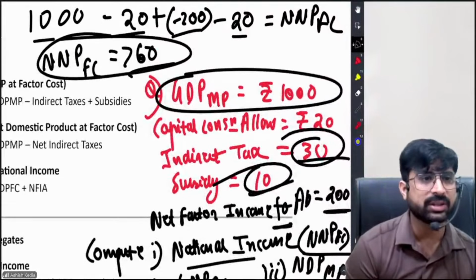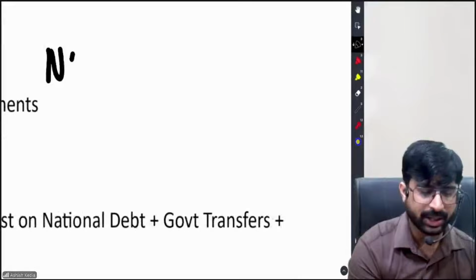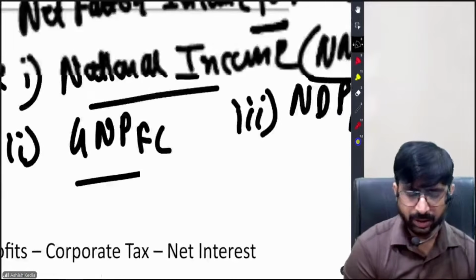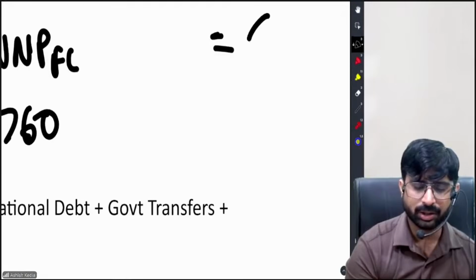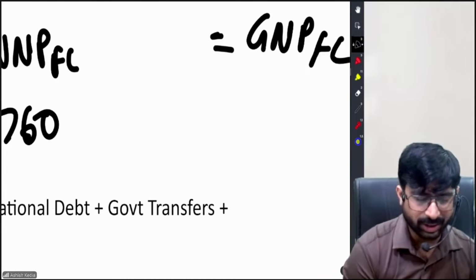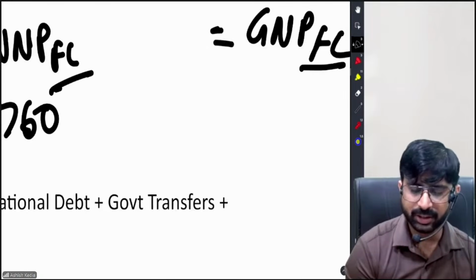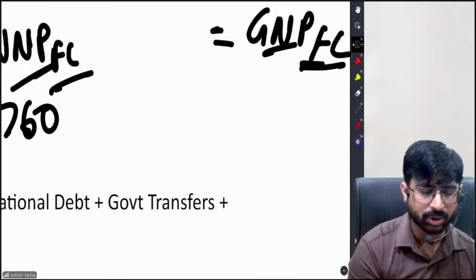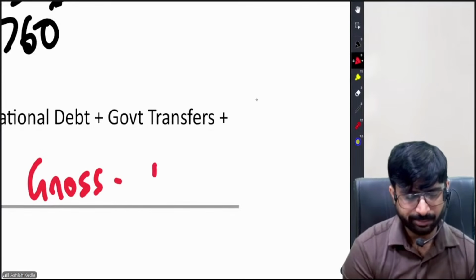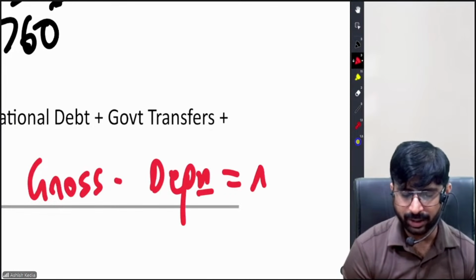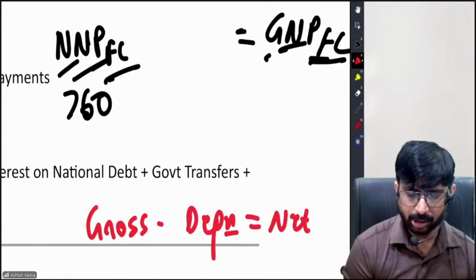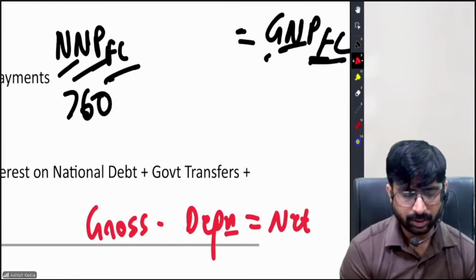Now, NNP at FC is 760. Where do we want to reach next? GNP at FC. If you want to reach here, students see FC, FC, no change. NP, NP, no change. Here it's net, here it's gross. Pay attention, class. Gross minus depreciation equals net.